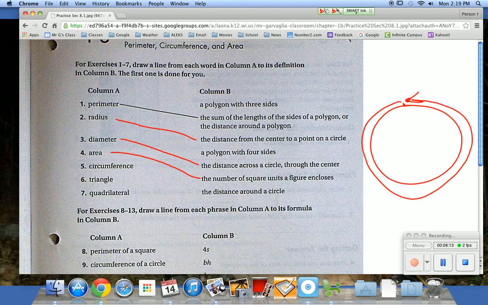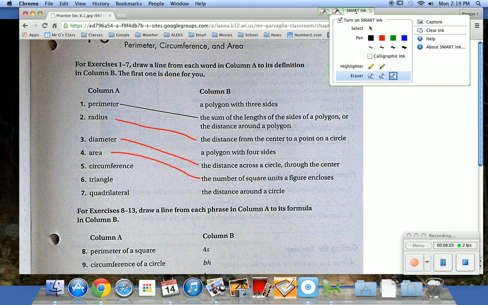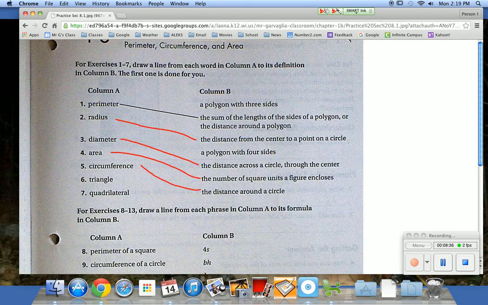Based on a rotation of that tire, you're finding your mileage. All right? We'll be learning more about that as we go. Next one. All right. Circumference. Where would circumference be on here? Distance around a circle. Circumference right here.